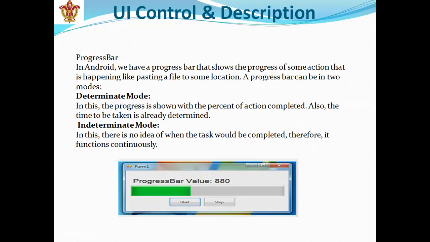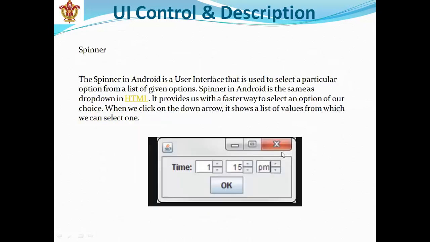So this is the determinate mode of your battery. And when you can't see how many percent of the battery has charged, it is called the indeterminate mode. So clear? Here is the example of determinate mode and indeterminate mode.